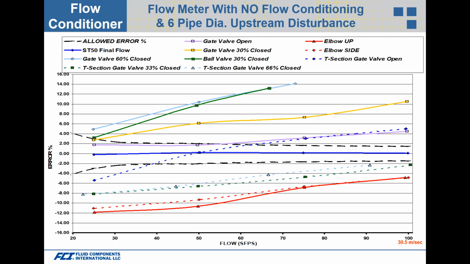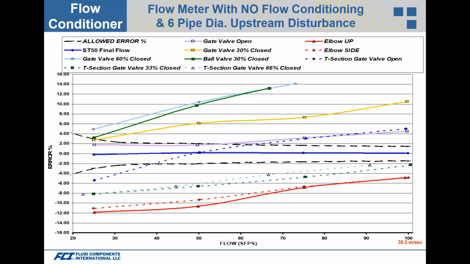You can see the flow meter reading with no flow profile disturbances is the blue line, right around 0%. But let's look at the yellow, a gate valve 30% closed, and now our error is way out of our range.